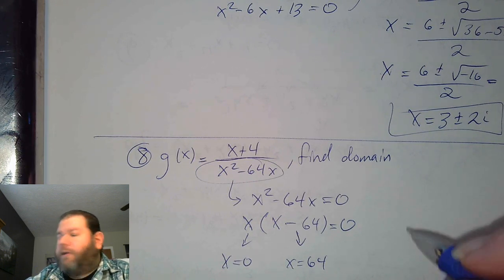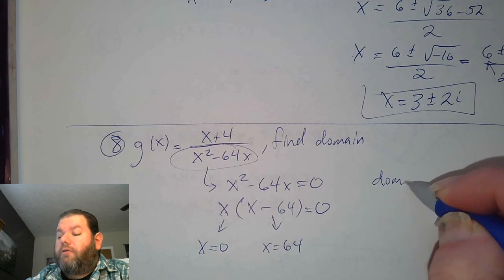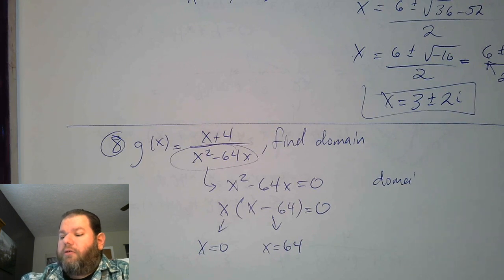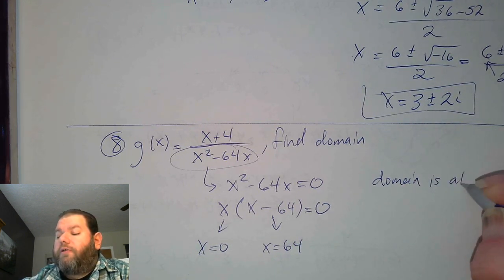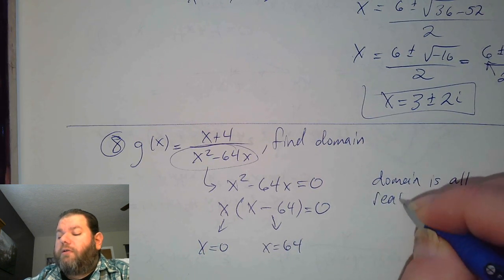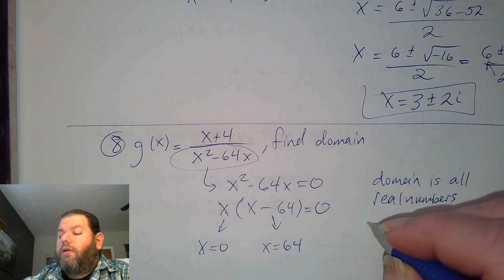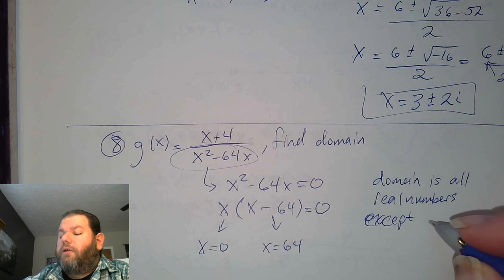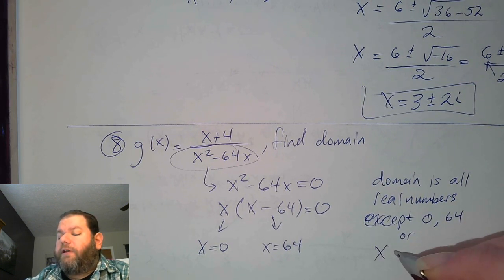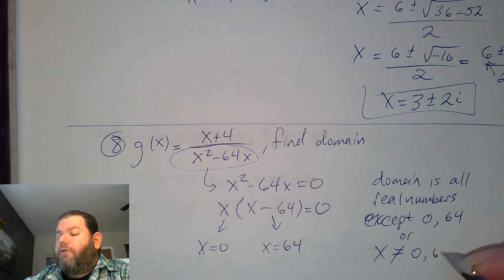Instead, we say the domain is all real numbers except 0 and 64, or we just simply say x not equal to 0 or 64.